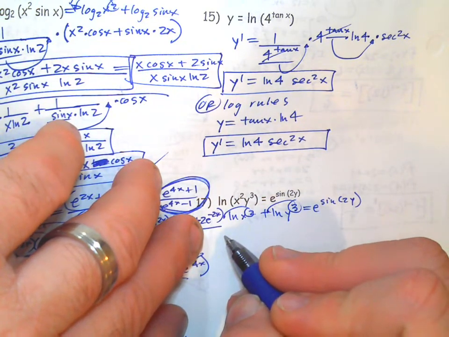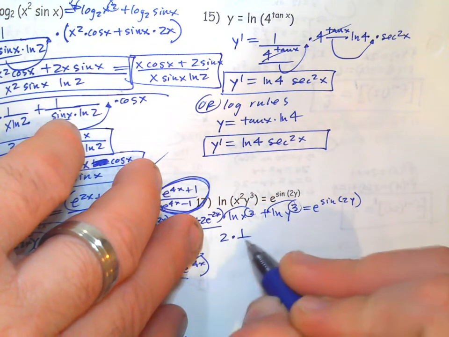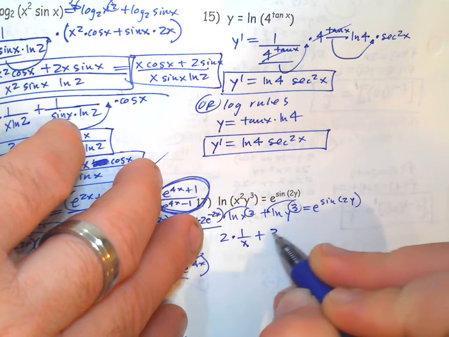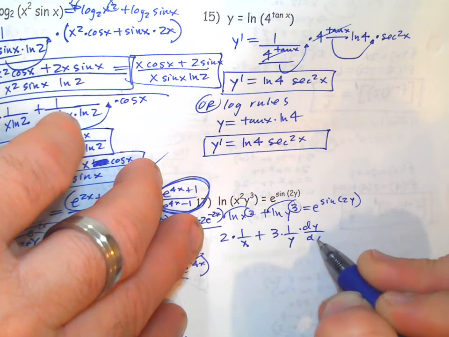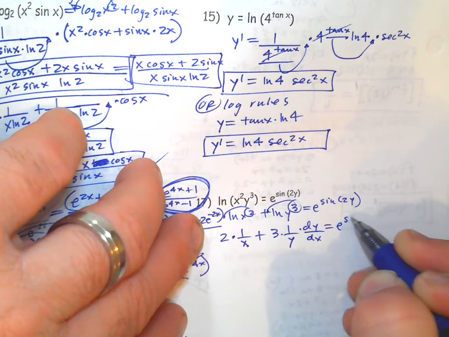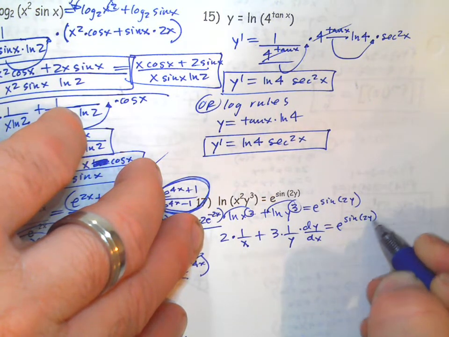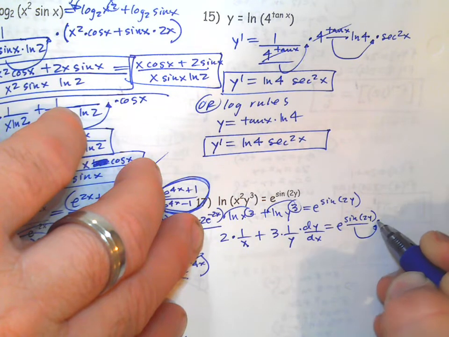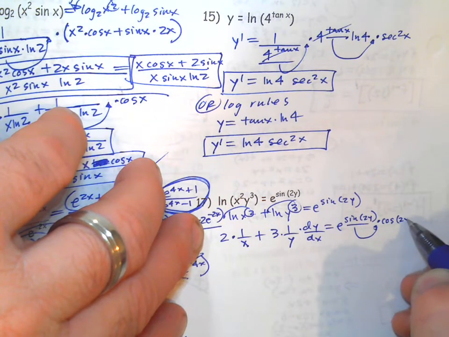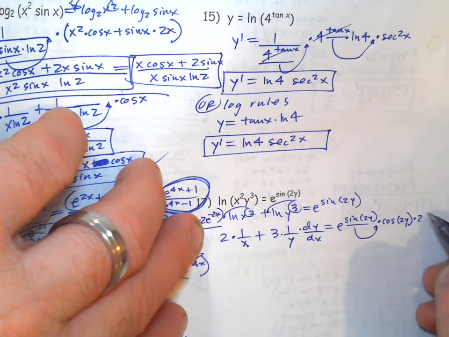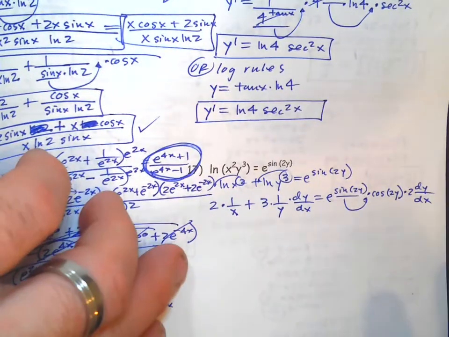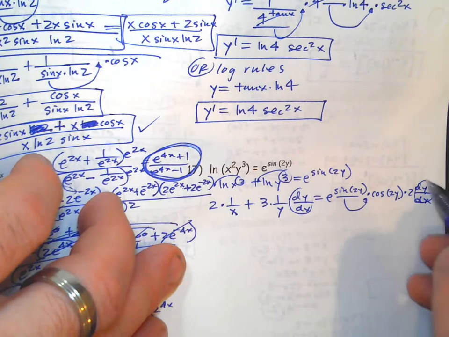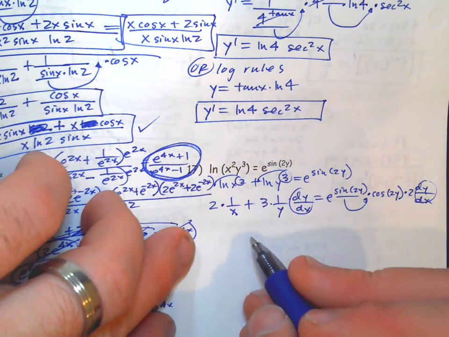So this would be 2 times 1 over x plus 3 times 1 over y dy dx equals e to the sine 2y times cosine 2y times 2 dy dx. So that's the derivative. Now you got to get the dy dx by itself. So it's a bit of a mess.